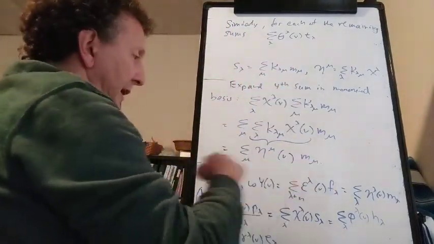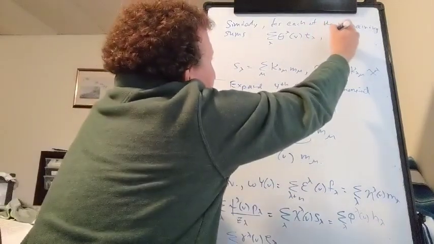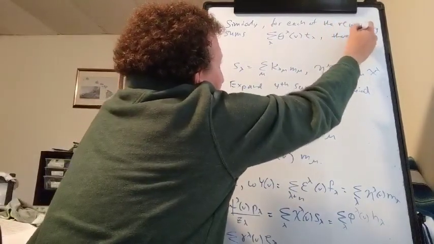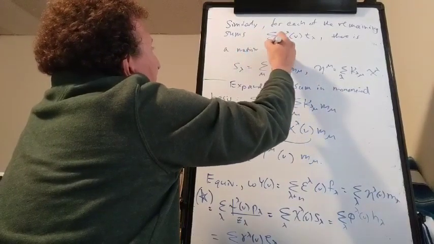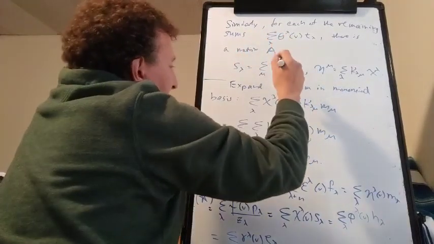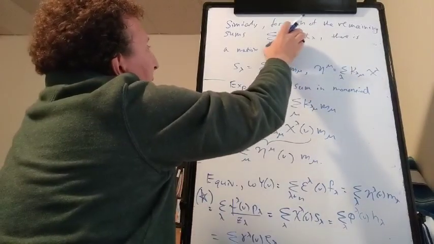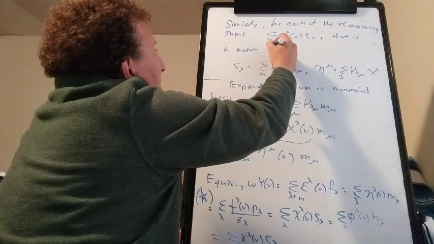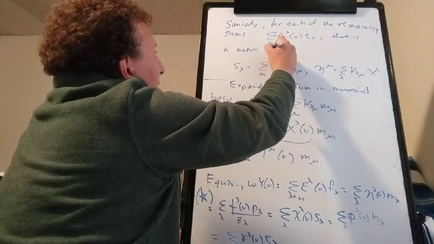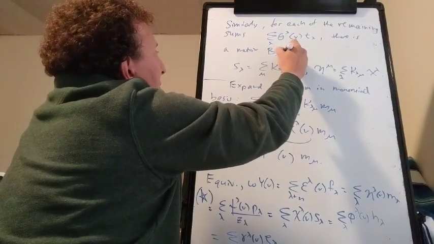So for each other sum, there's a matrix. Let's call it b lambda mu, because I used a for the forgotten monomial symmetric function transition matrix.